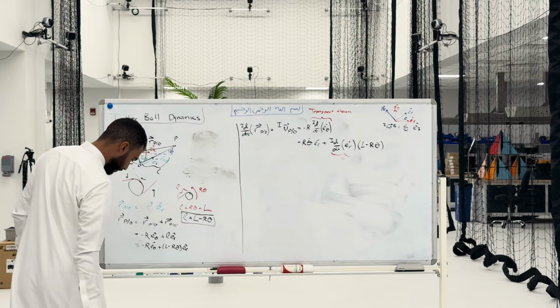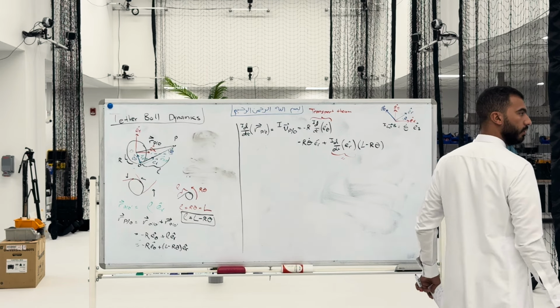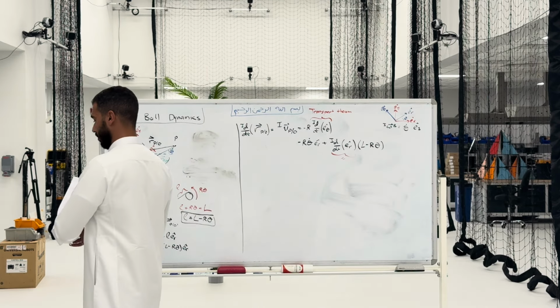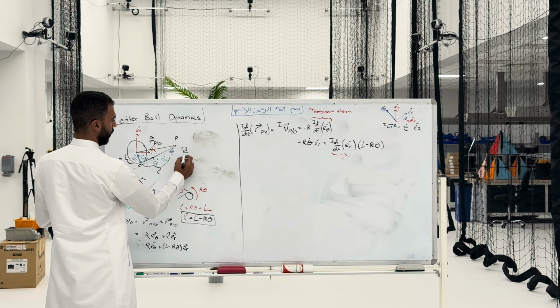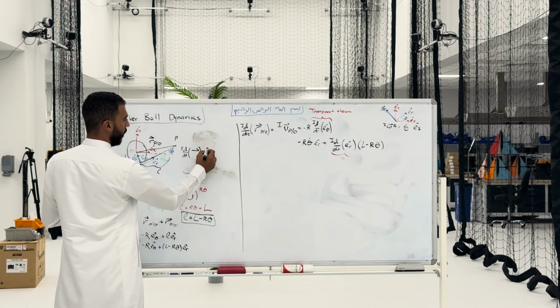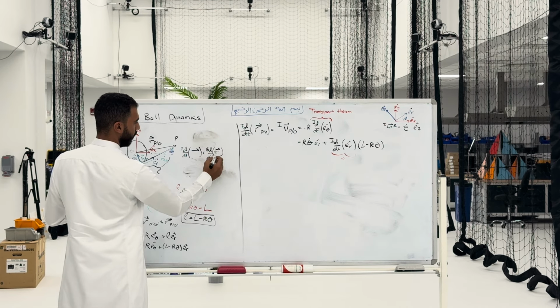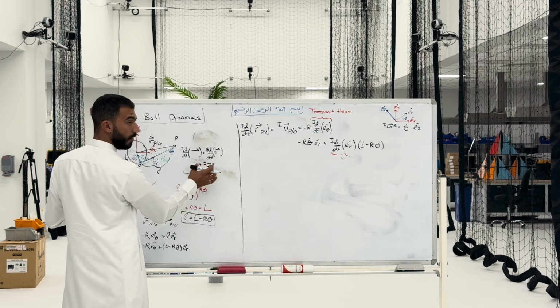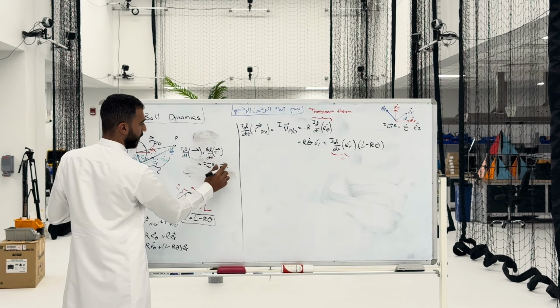If you have the inertial derivative of a certain vector, I would just call it a vector, you take the body derivative of that vector plus the angular velocity of the body reference frame cross the position of that vector.